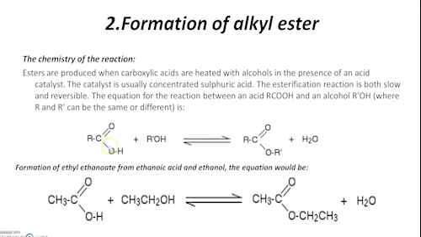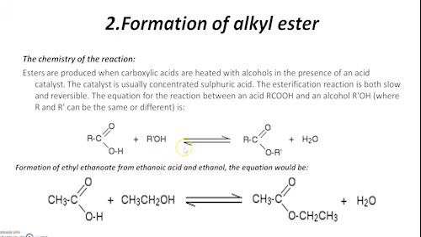So when carboxylic acid, carbonyl group with hydroxy, reacts with alcohol, reversible reaction takes place and then they produce ester, R, C double bond O, OR, and side product is water. When ester dissociates, the backward reaction takes place and they can produce carboxylic acid and alcohols.